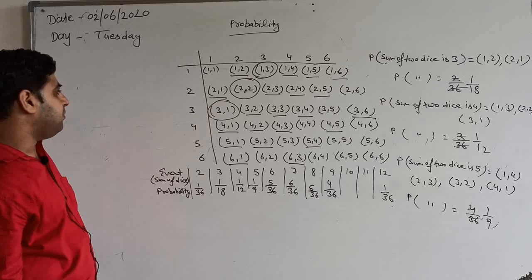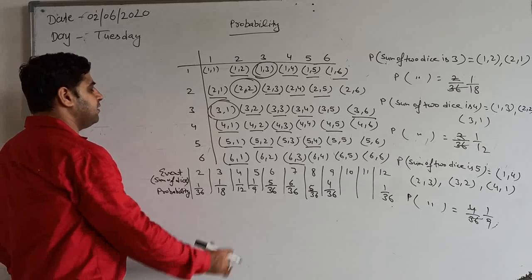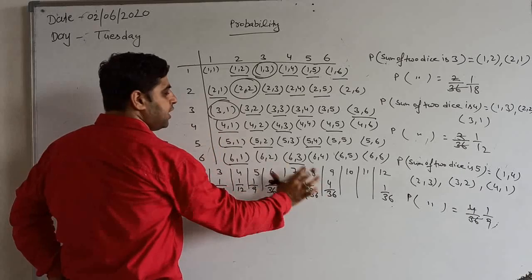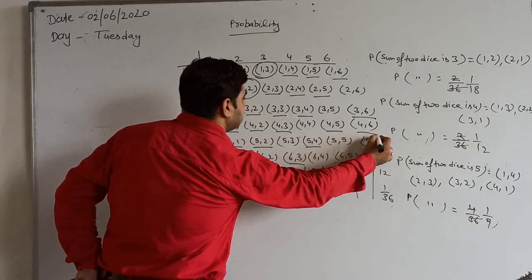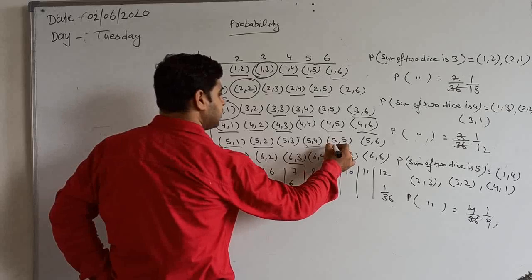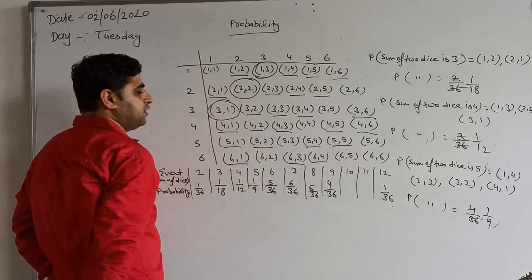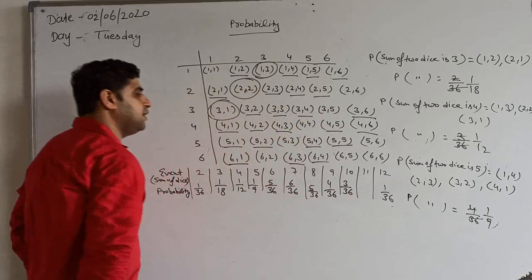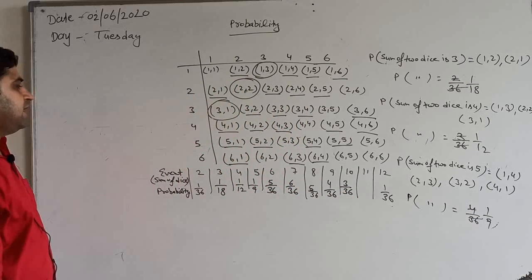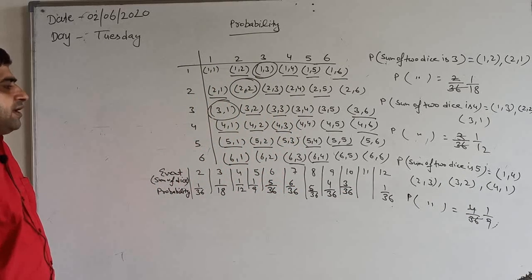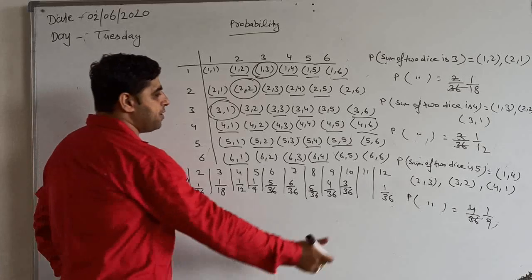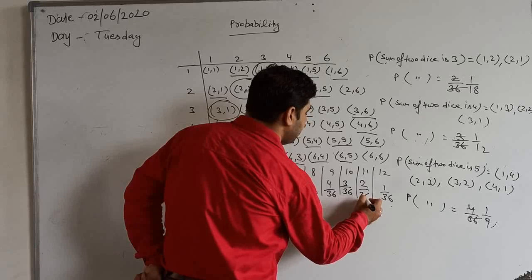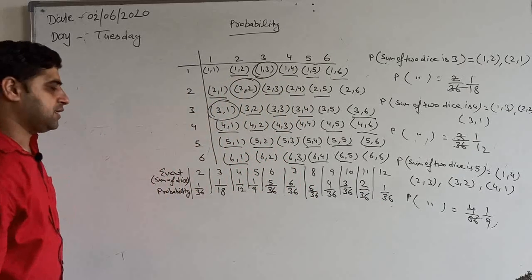Next 10 will come out. 3 plus 6 is 9, not 10. Here 4 plus 6 is 10. 1, 2, 3. So 3 by 36. Next 11. How many times will 11 come out? 1, 2. So here 2 by 36.